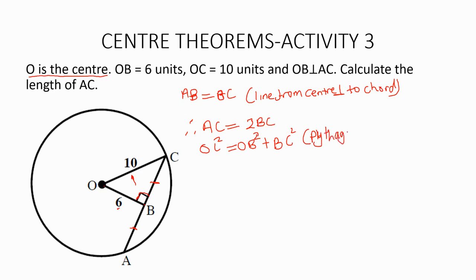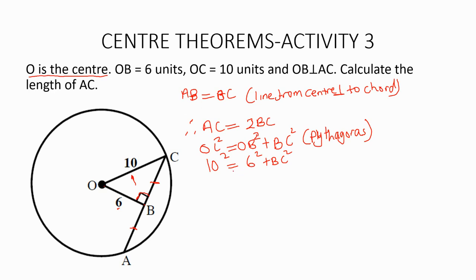So now we can substitute what we have here. What is OC? It is 10 squared, is equal to OB, which is 6 squared, and then plus BC squared.